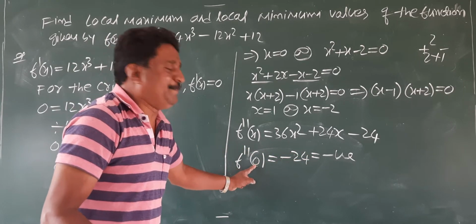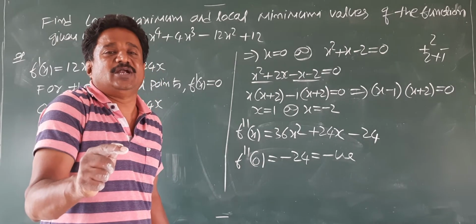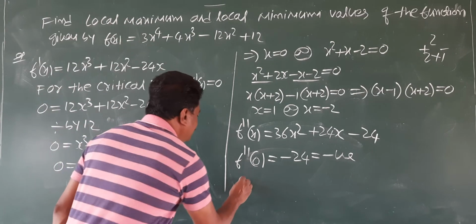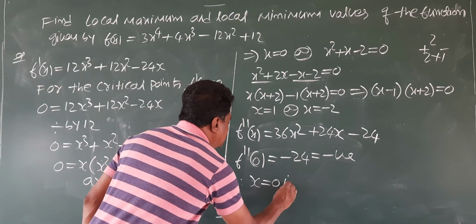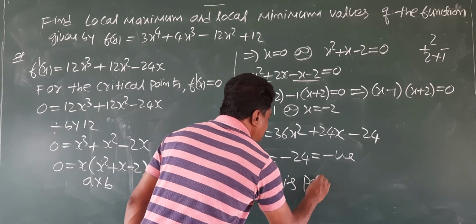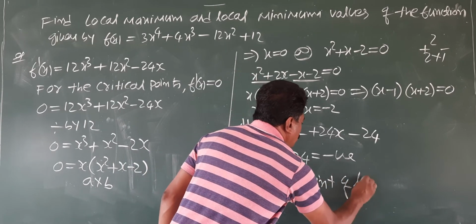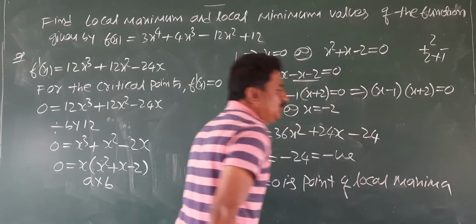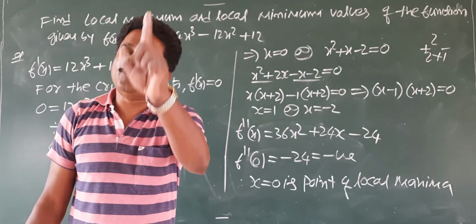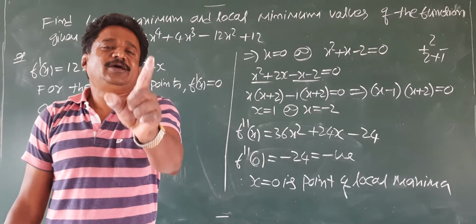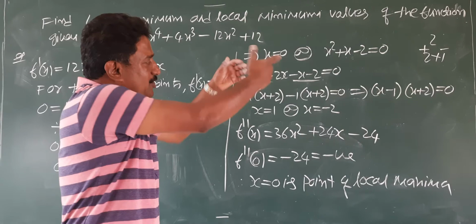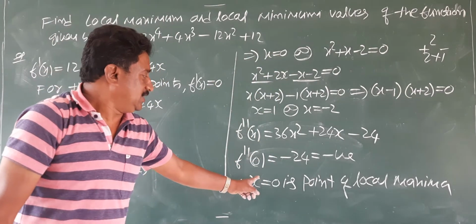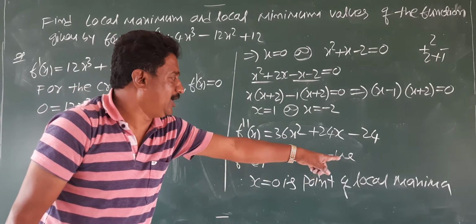Then what type of point is this, x equals 0, students? It should be a point of local maxima. Therefore, x equals 0 is a point of local maxima. I told you to learn the procedure by heart for one problem, students. If that procedure is learned by heart, then you feel these things are so easy.